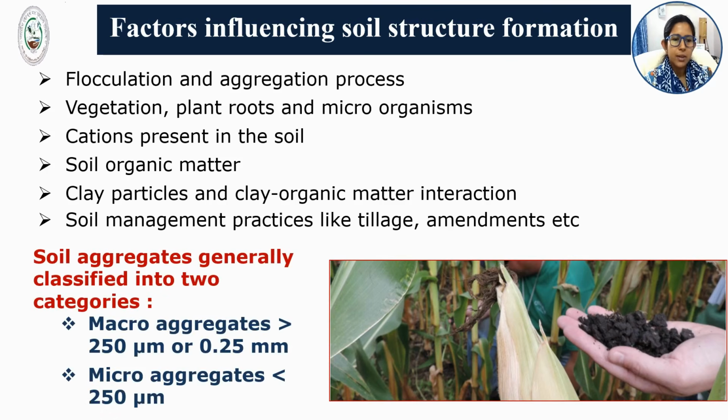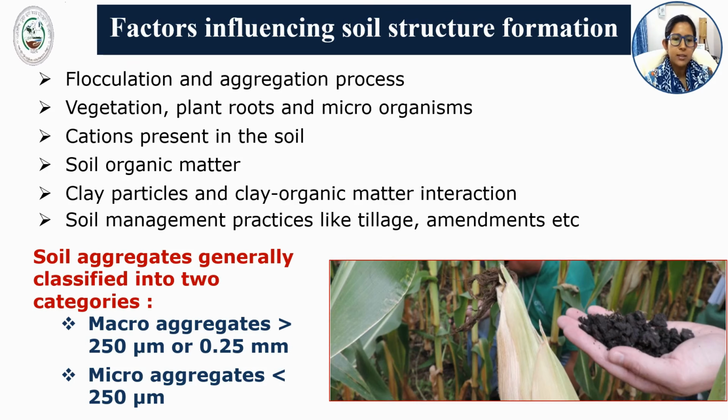And the soil aggregates generally are classified into two categories: the macro aggregates, which are more than 0.25 mm, and the micro aggregates, which are less than 0.25 mm. And the macro and micro aggregates generally modify the soil properties in different ways.